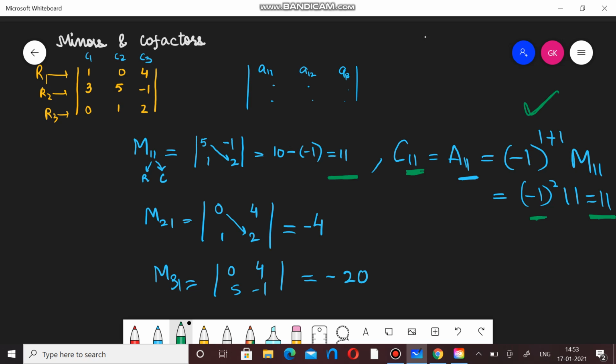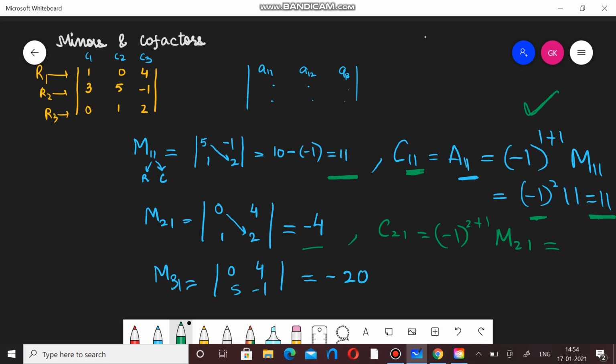But in case it is odd, say in this example, C21. So what will be C21? That will be minus 1 raised to the power 2 plus 1 into M21. So it will be minus 1 raised to the power 3. So you will get a negative sign.